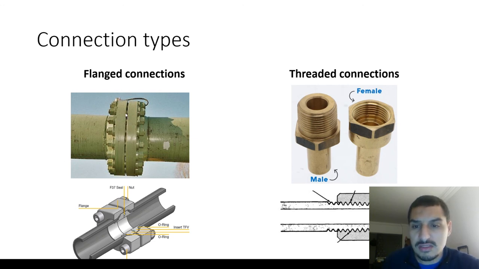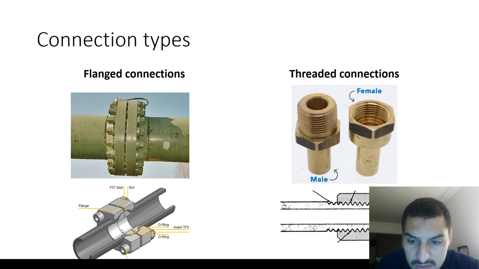The first is what we call the flanged connections. A flanged connection is having a pipe with this flange, which is a kind of disc welded to the end of the pipe, and it has openings for connecting with bolts and nuts.